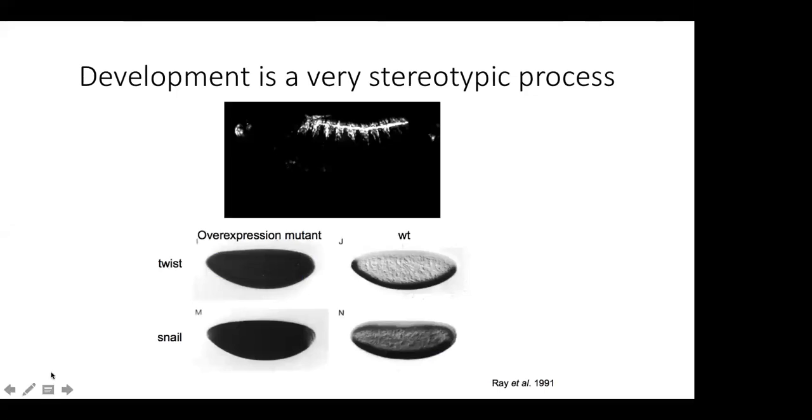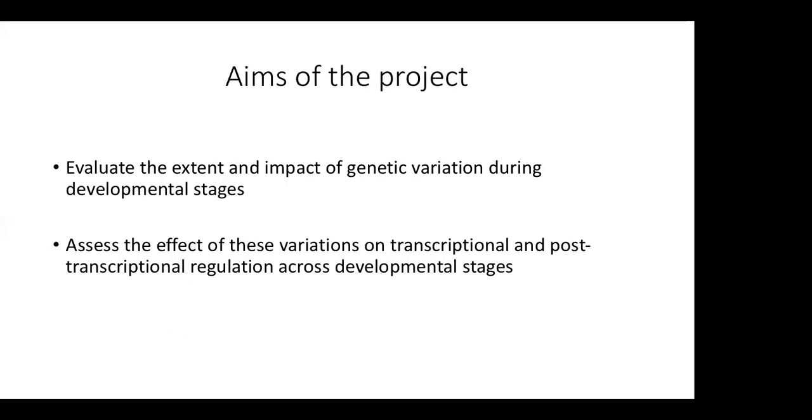This is the case for some examples, like twist or snail, which are genes involved in Drosophila development. If you overexpress twist all over the embryo, you have the formation of 2 mesoderms instead of 1. So it is believed that development is stereotypic and variation causes mutant phenotypes.